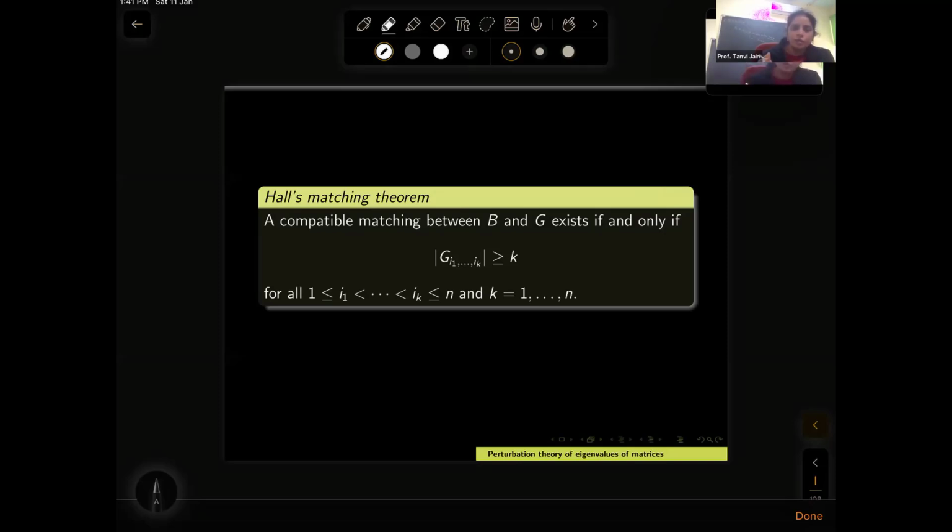That means, given B and G, sets with the same cardinality, and R contained in B cross G, I have a compatible matching if and only if the cardinality of Gi1 till Gik is greater than or equal to k for every i1 till ik and k from 1 to n.